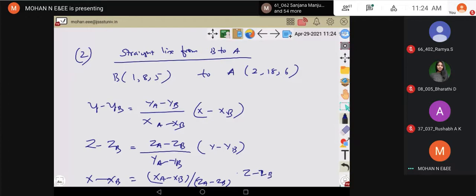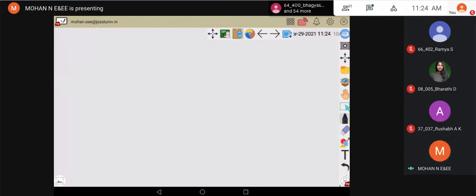minus zb. Using these equations, you can form any two equations and then substitute in the work done equation, you will get the answer. Okay, so same equations you have to use. W is equal to minus q into integral of b to a E vector dot dl vector.